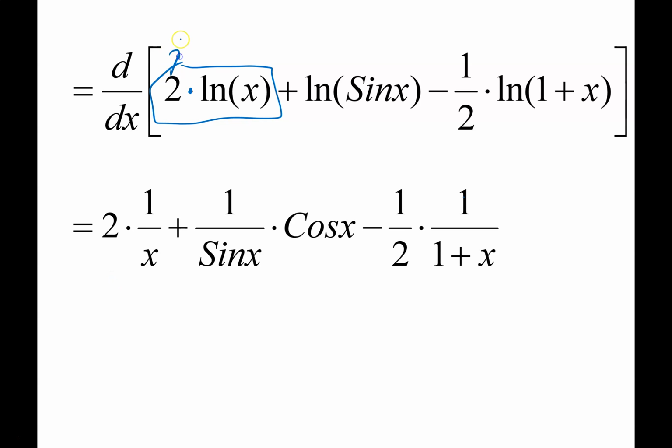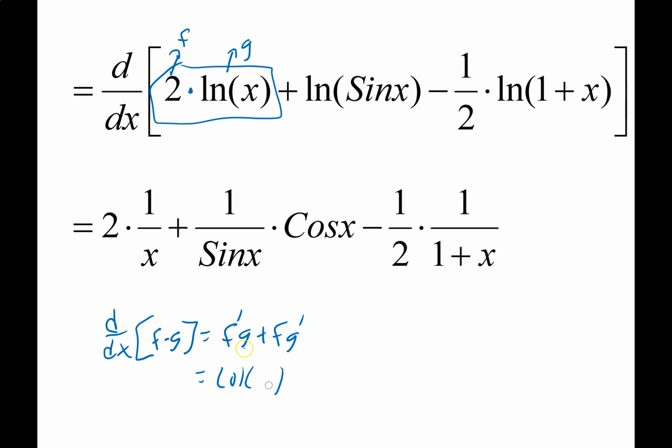Okay, let's product rule. I'm going to call that F. I'm going to call that G. And if you remember, via your product rule, when you're deriving with respect to x, F times G, that's F'G plus FG', prime the first, prime the second. So if 2 is my F, F prime is 0.